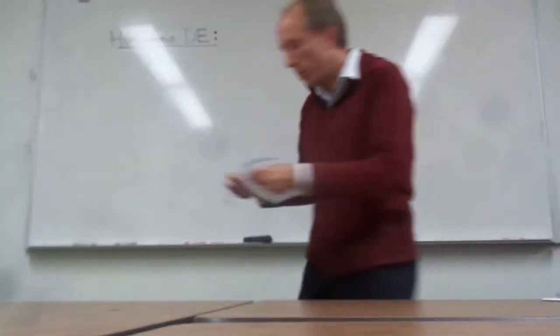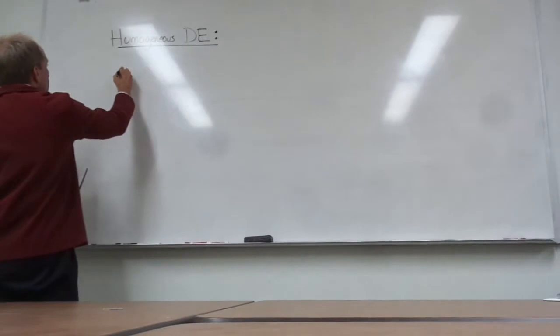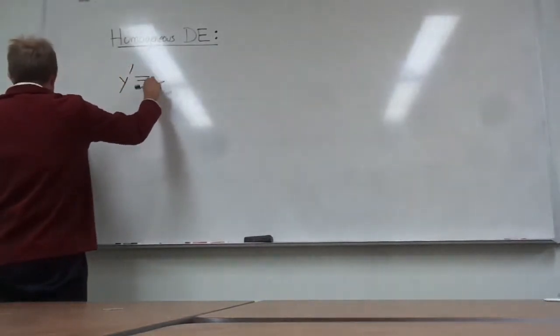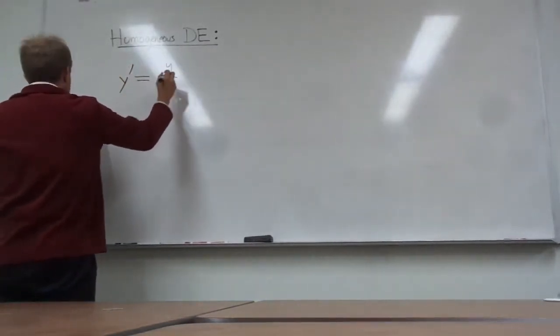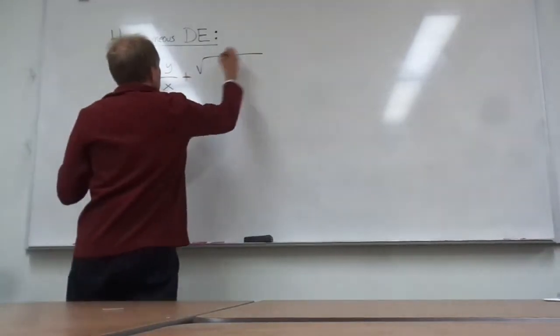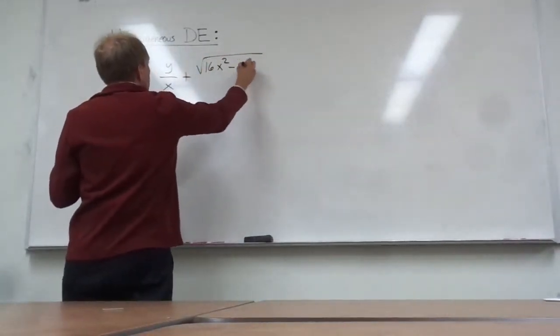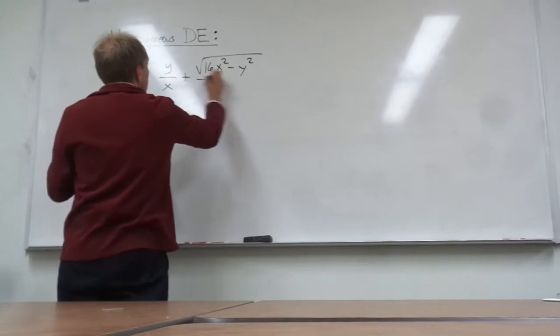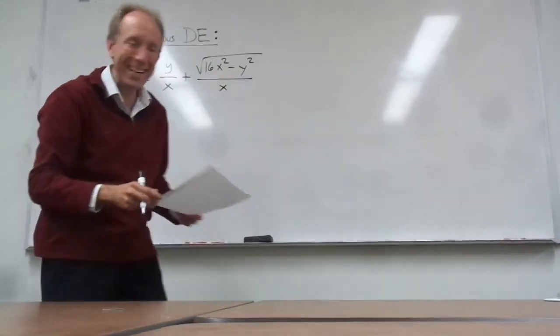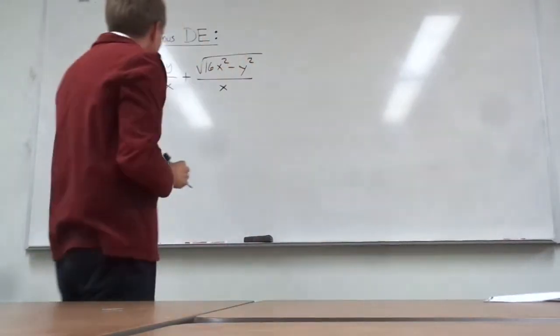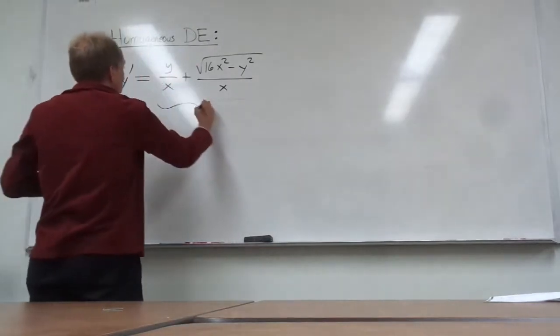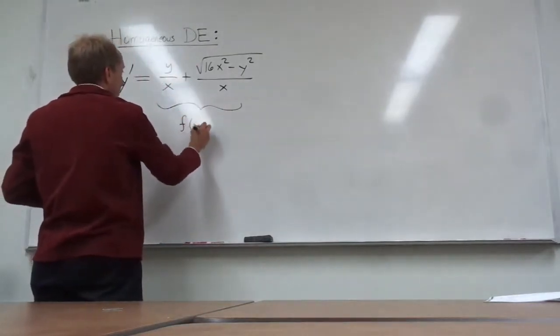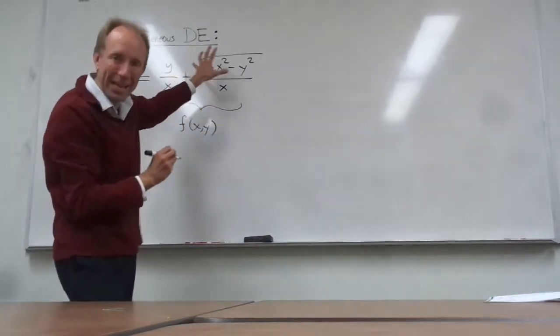So here's an example. Suppose that you have y prime equals y over x plus the square root of 16x squared minus y squared all over x. Let's just take this example here. So my f of x and y is just this right-hand side.